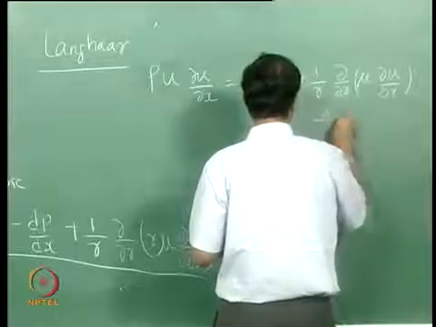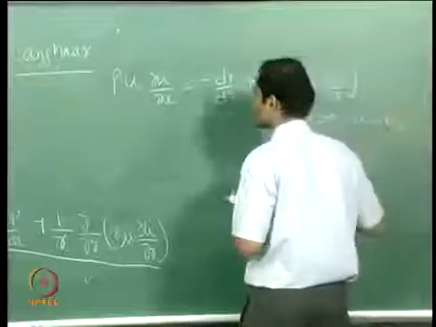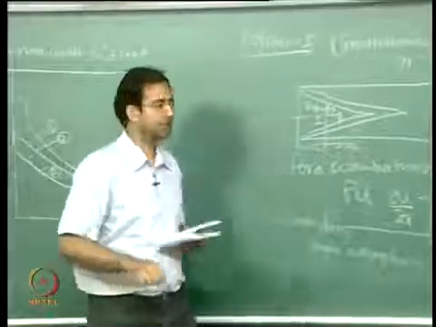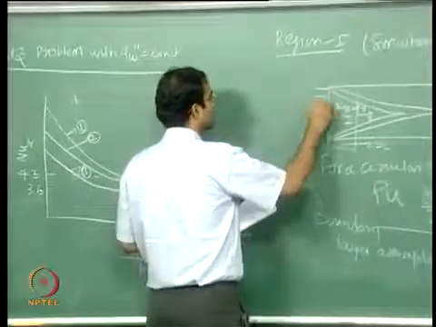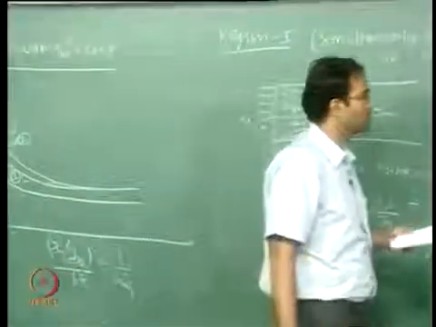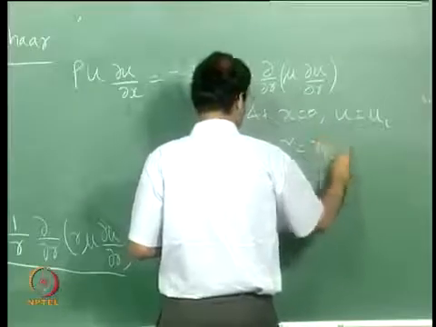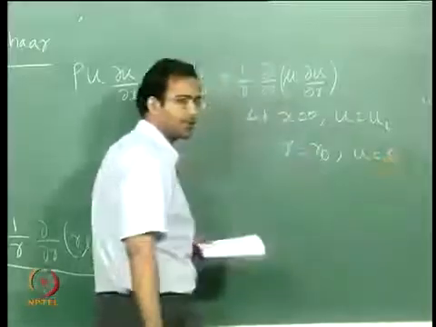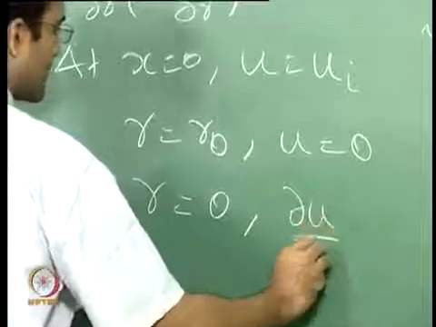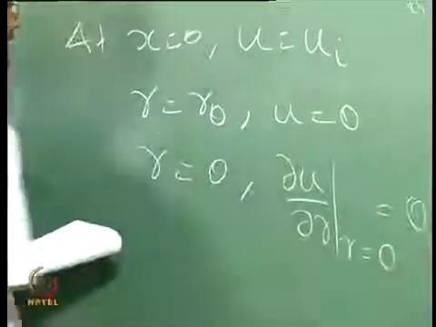The boundary conditions that he solved: at x equal to 0, u is equal to u_i. So you had some inlet velocity which is a constant. When it approaches the entrance of the tube, you have an inlet velocity which is constant, and corresponding to r equal to r naught, you have u equal to 0, the no slip boundary condition, and at r equal to 0 the profile has to be symmetric, du by dr at r equal to 0 has to be 0.